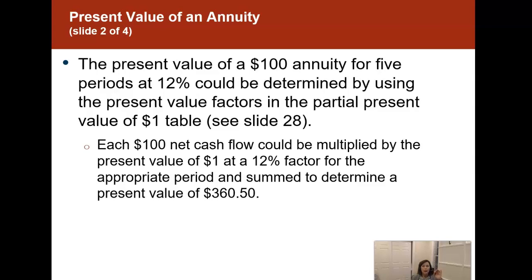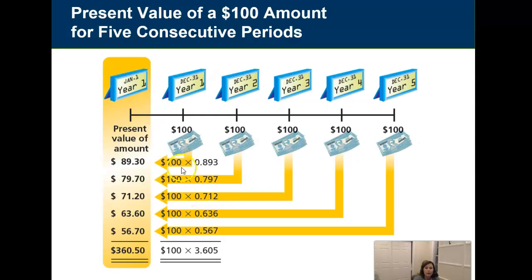So let's say we've got the present value of a $100 annuity for 5 periods at 12%. And so we could look at the present value table that we used on the first problem, and we could look at the 12% for each of those years, and we would add all that together. And so let's just look.